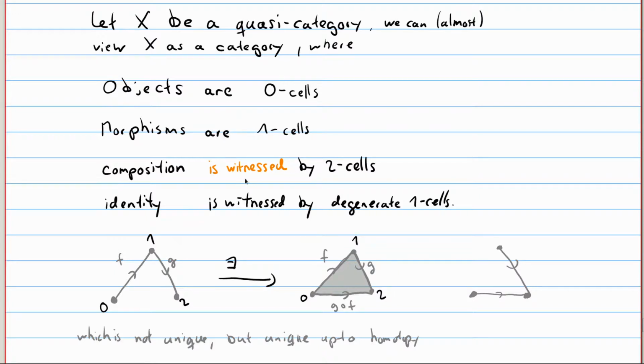I'll explain what I mean by this witness thing a bit later. The last point is that in an ordinary category we also need identity morphisms, and they arise from these degenerate one cells. So that's where we get all this data from.